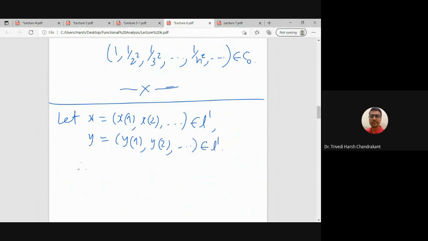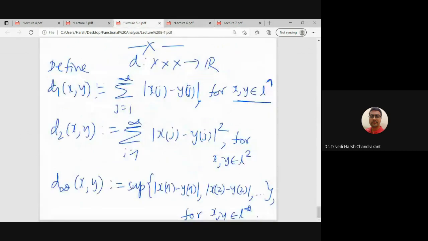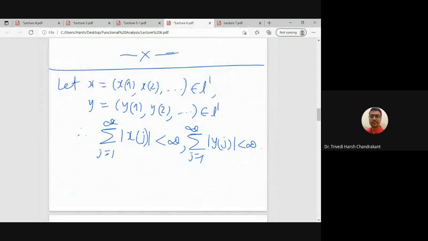So that means we know that the corresponding series is absolutely convergent. And we want to show that this series is convergent, basically using the convergence of these two absolutely convergent series.